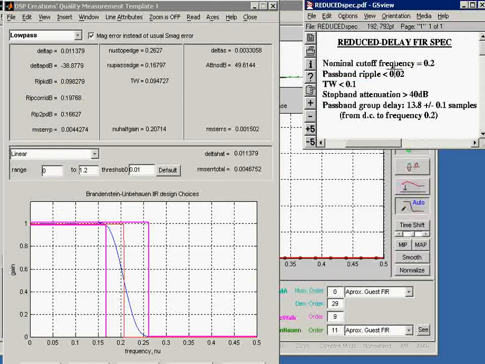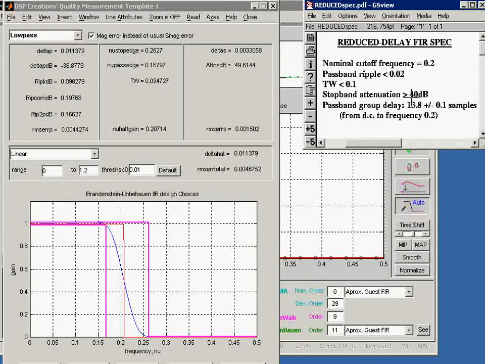So it said that we've got to be cutting off around about 0.2. Yes, of course we are. We wanted to have a passband ripple of less than 0.02. Well, here it is, 0.01, easily in. Transition width, 0.1 or less, it's just in nicely.